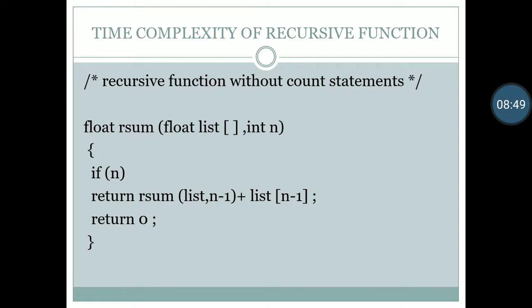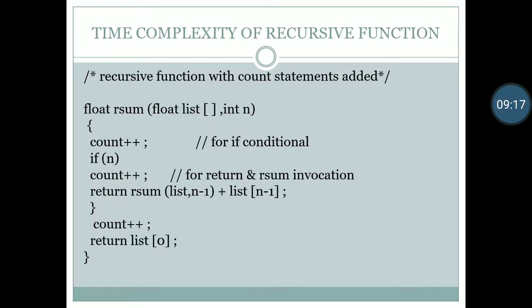Let's take another example, of a recursive function. Here in the recursive function we have the function rsum with two parameters, list and n. In that we are checking an if condition and returning our recursive call, rsum of list, n minus 1, plus list of n minus 1.